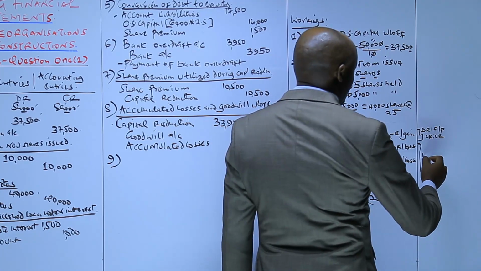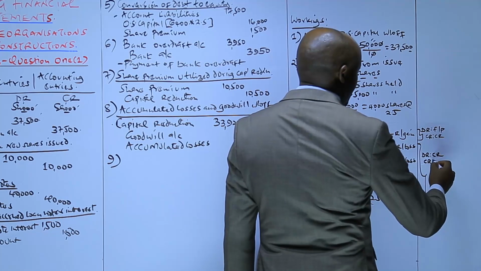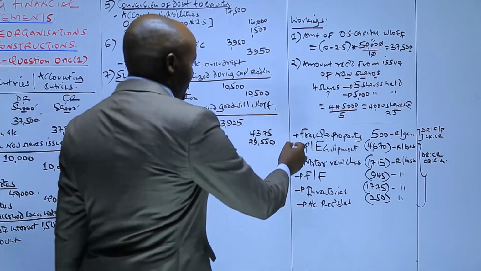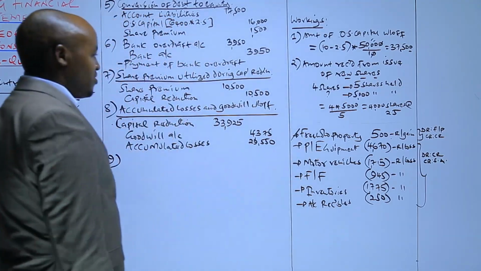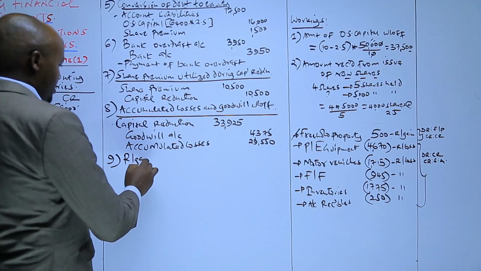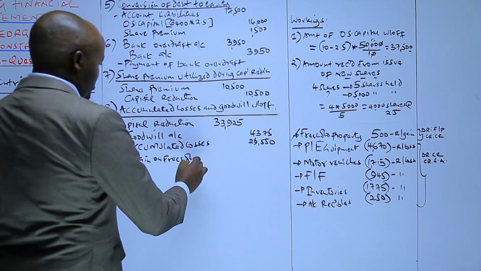So to do that, we debit which account? We debit the capital reduction account, and then we credit the specific asset account. So therefore, let's first of all start by accounting for the revaluation gain on freehold property.